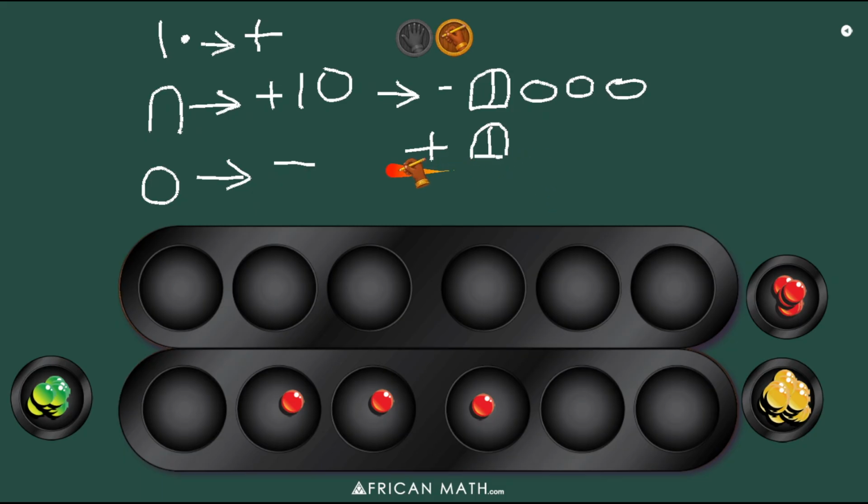Either way, we want our 0 pair to either look like a house of 10, or it's the exact same thing if we were to add a positive 1 and a Kemetic 0, negative, equals a 0 pair.